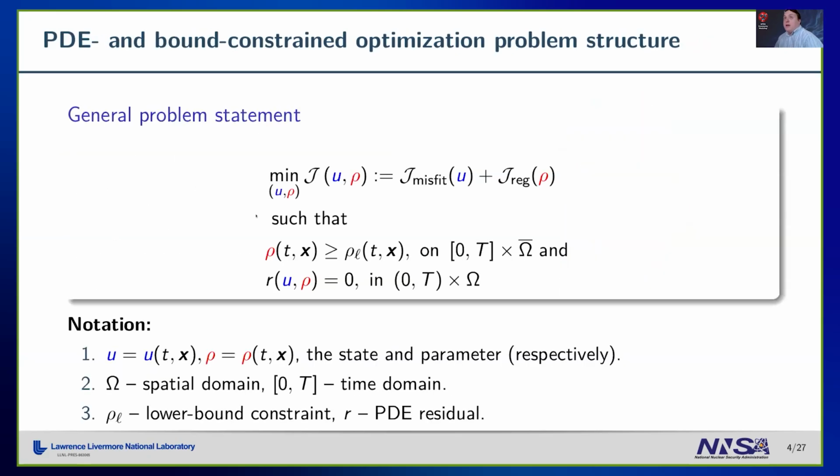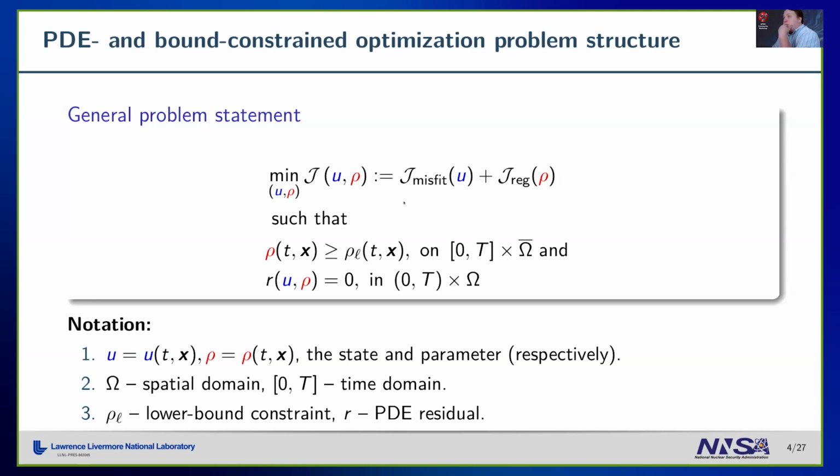Okay. So a general problem statement of what my framework aims to solve is a problem of this form. We're trying to minimize an objective defined with respect to, say, U. One can think about U as the solution of a PDE which is parameterized by rho, and rho is going to be a spatially or temporally distributed parameter.